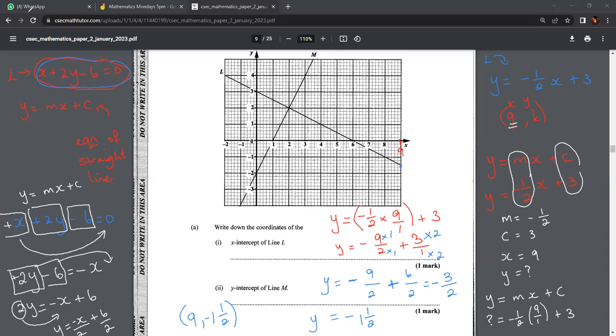They actually gave you the equation, L is equal to x plus 2y minus 6, which means they wanted you to use the equation. If you did it through the graph, you'd just get 1 mark, or depending on the scale, however much it was allocated to.